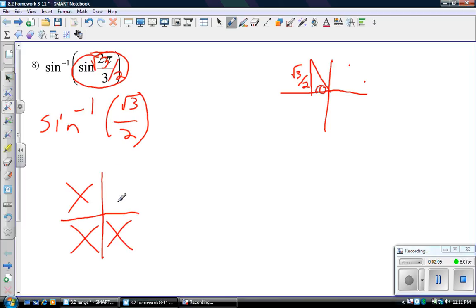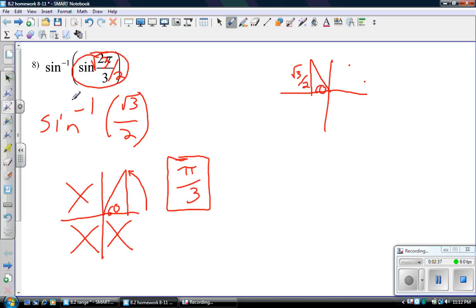Then I go, okay, what triangle is it that has root 3 over 2 for the sine? Well, it's another 60-degree reference, but notice that this time it's in the first quadrant. Again, here we had a 60-degree reference, but we were in the second quadrant. Now we have a 60-degree reference, but we're in the first quadrant. And the final question is, what is that angle? Well, that angle is pi over 3. And that was actually a pretty good pi on that one. So that's my answer to this problem.